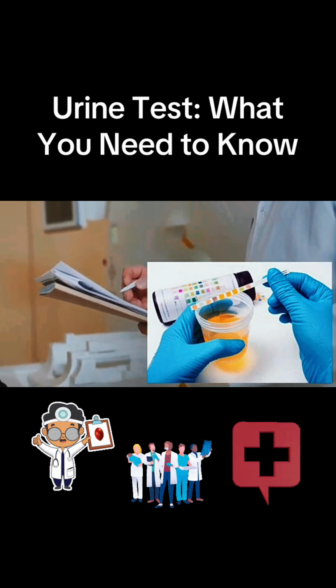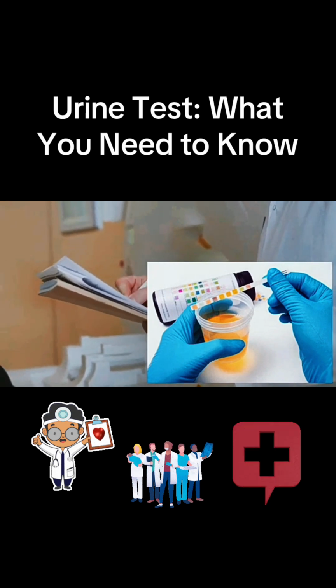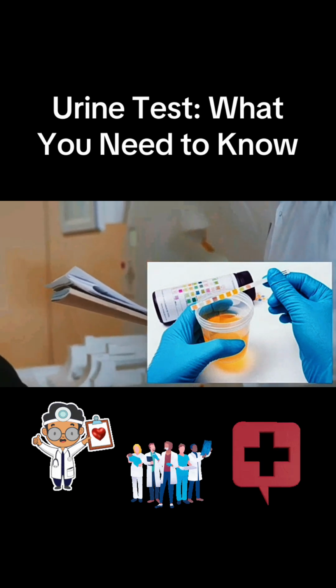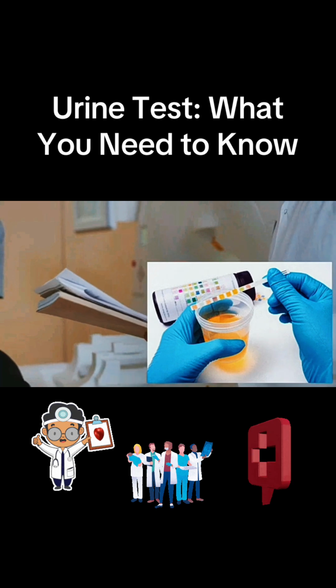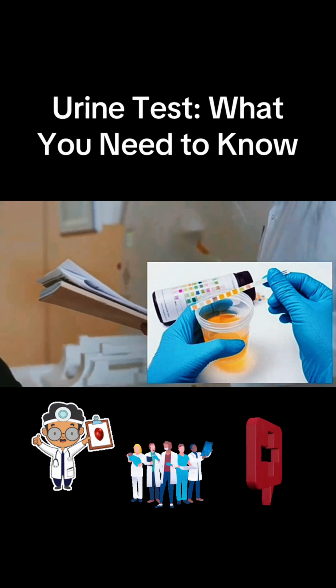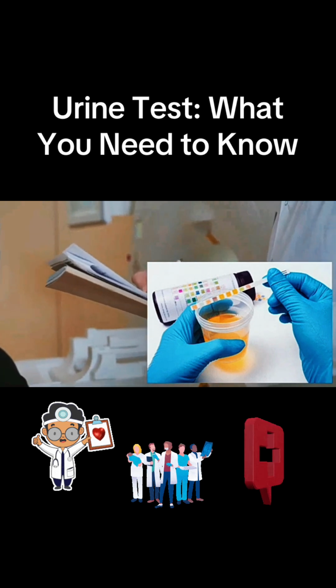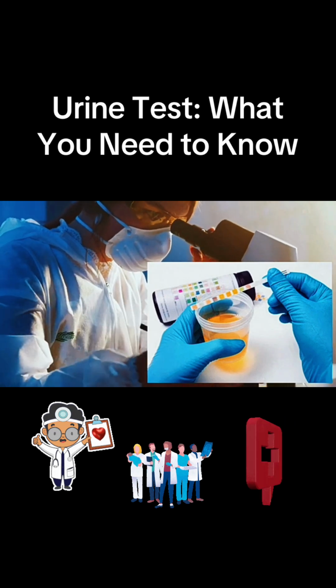Common types of tests that use a dipstick that providers may include in a urinalysis include protein urine test. A protein urine test measures the presence of proteins, such as albumin, in your urine. Higher than normal urine protein levels may indicate several different health conditions, such as heart failure, kidney issues, and dehydration.